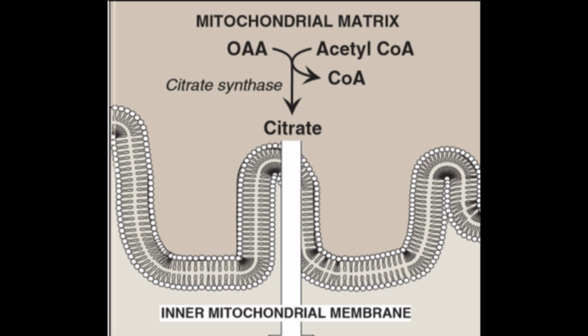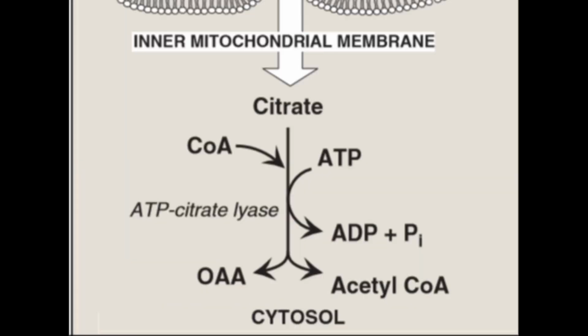This citrate can cross the inner mitochondrial membrane and go into the cytosol. In the cytosol, with the help of ATP citrate lyase, which breaks it down, it can give us the initial products, which are acetyl coenzyme A and oxaloacetate in the cytosol.